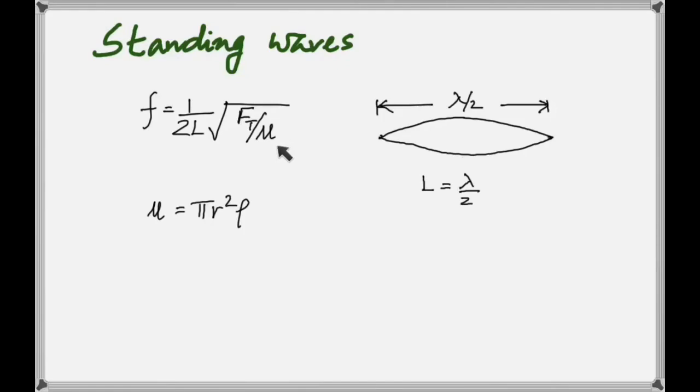What do you mean by linear density? It is the mass of 1 meter of the string. Again, linear density is the mass of 1 meter of the string, which can also be found using this formula, where r is the radius and rho is the mass density, so the actual density. So you can find mu like that.